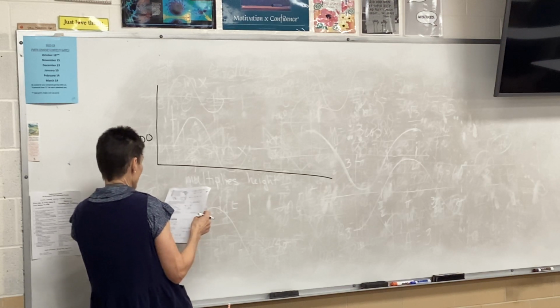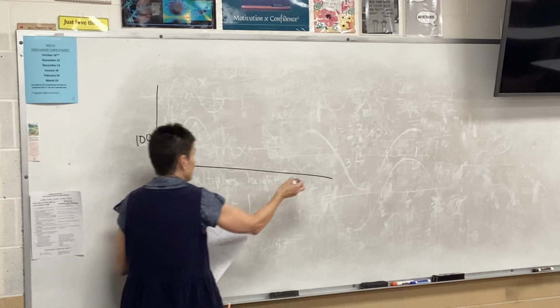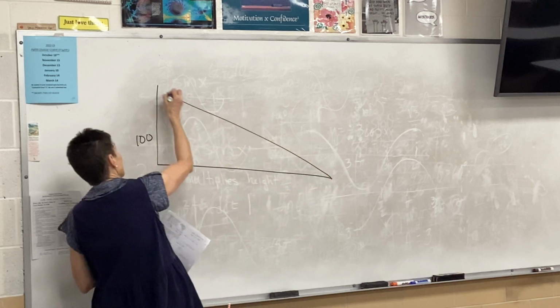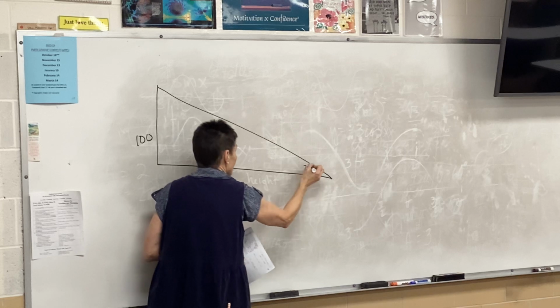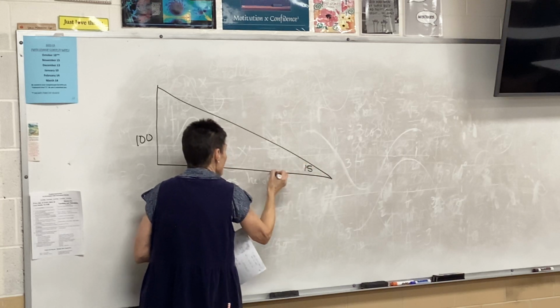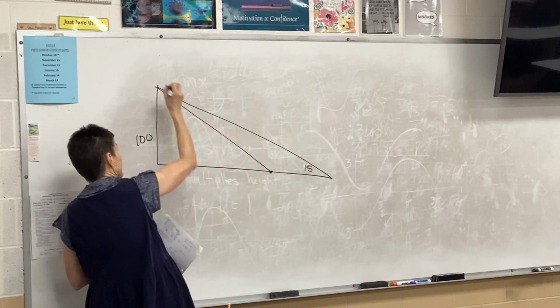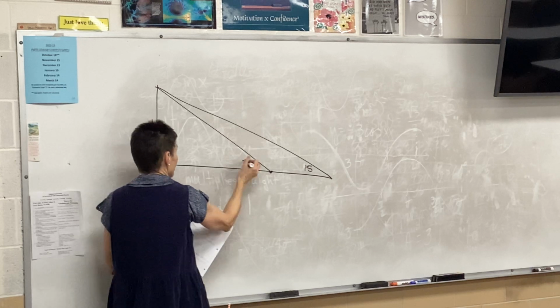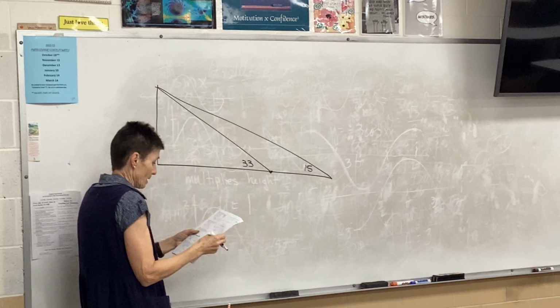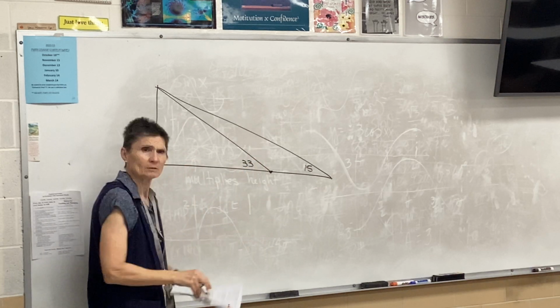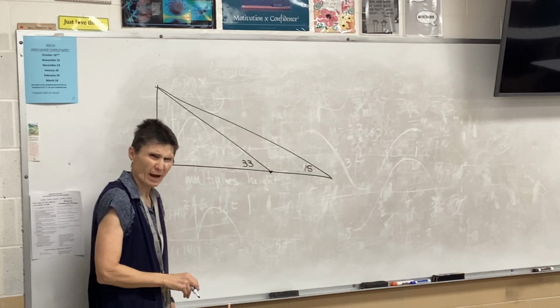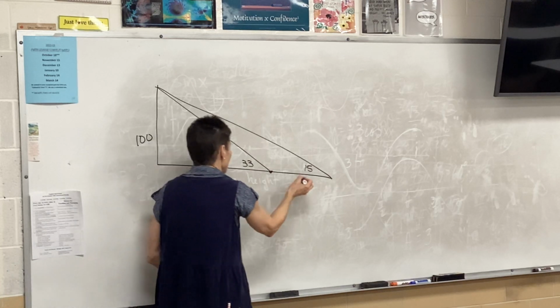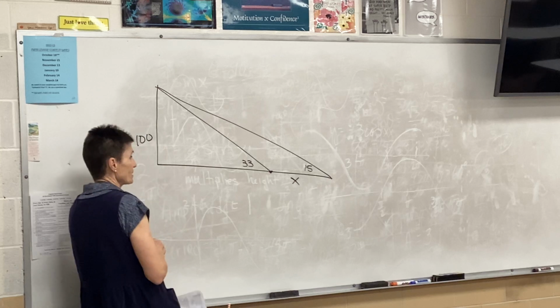If the angle of depression of the car changes from 15 to 33, so here it's 15, and the car moves, and now it's 33. How far does the car travel? I think I did this one too, actually. I can't remember.